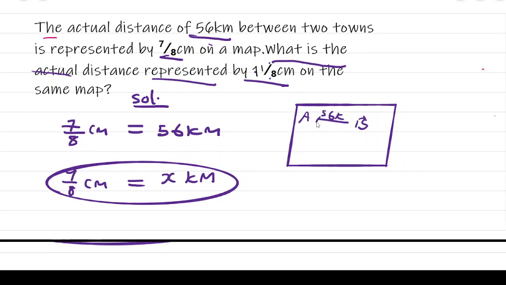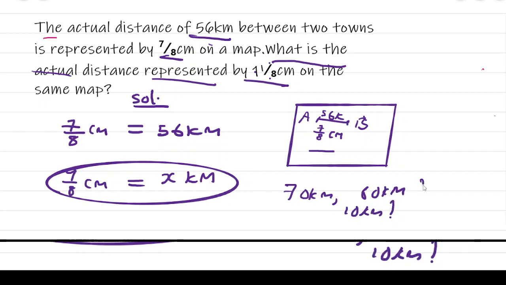This line here, in ruler measurement, is 7/8 centimeter. So if we have a ruler measurement that equals 9/8 centimeters, what distance will it represent? Will it be 70 kilometers? Will it be 60 kilometers? Or will it be 10 kilometers? What distance will it represent for us? That is what the question is asking us.